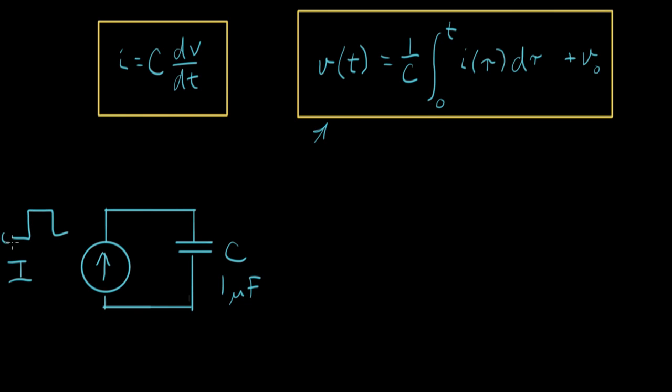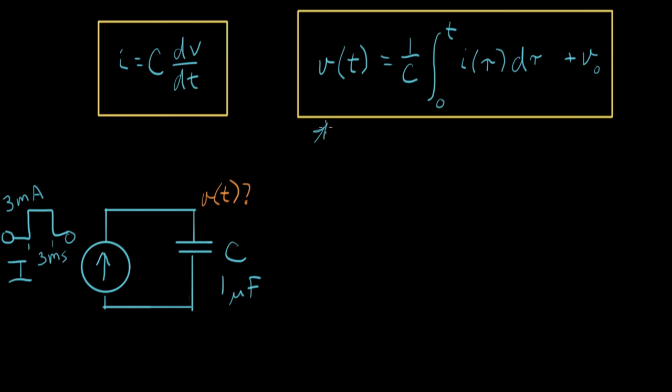That will go from 0 to 3 milliamps and then back to 0 over here. And the amount of time it takes, this time here, is going to be 3 milliseconds. And the question I want to answer is, what is V of t right here?